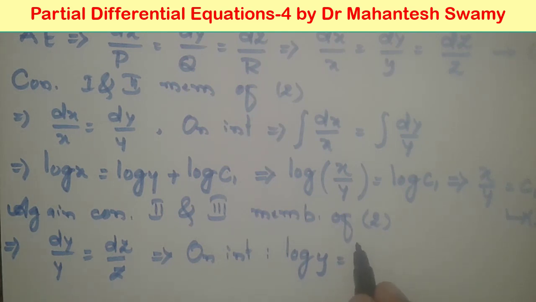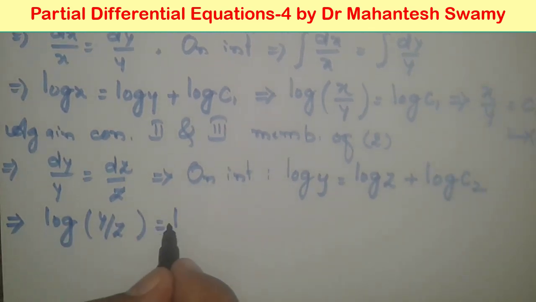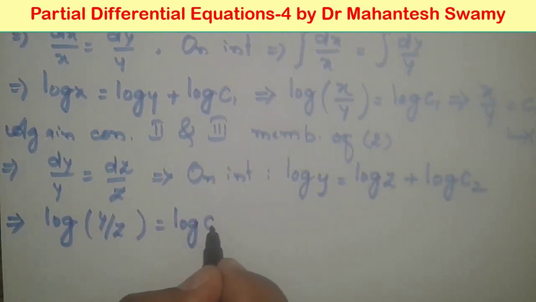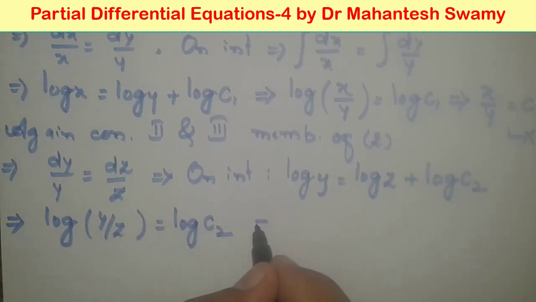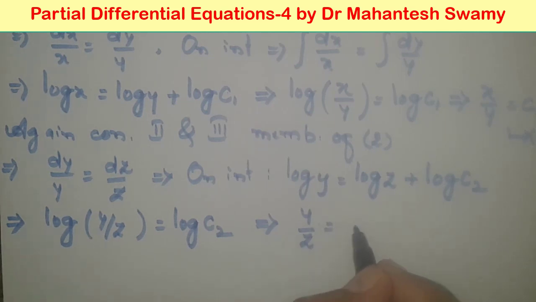On RHS, integration of 1 by z with respect to z is log of z plus the integration constant, let us take it as log of c2. Now taking log z to the other side, log y minus log z, by the properties of logarithms, is log of y by z equals log of c2. So now again log may be eliminated so as to have y by z equals c2. So this is another solution of the auxiliary equations 2, call it equation 4.